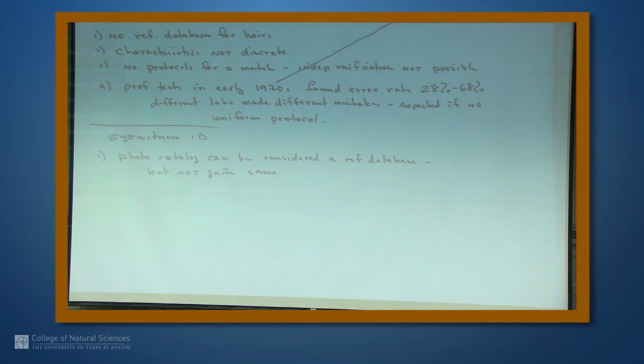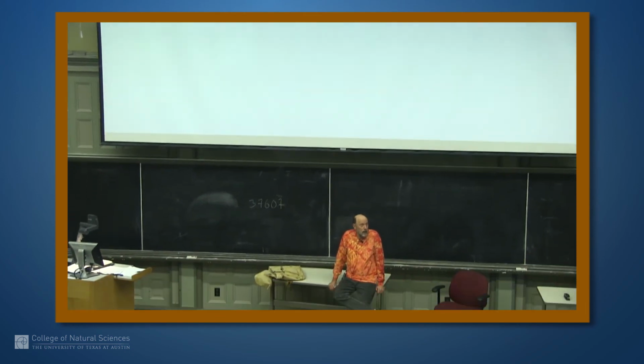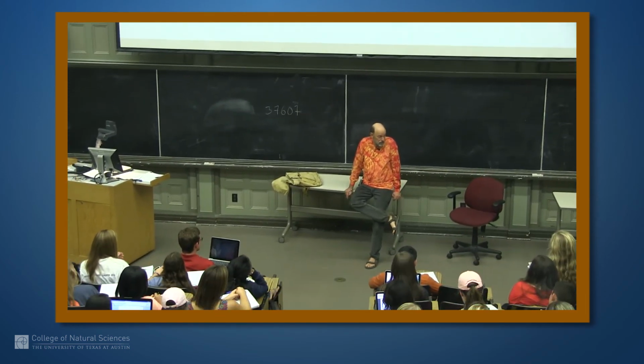In a true reference database, what are you looking for? What number are you trying to get out? You're at least trying to figure out what fraction of the population matches.